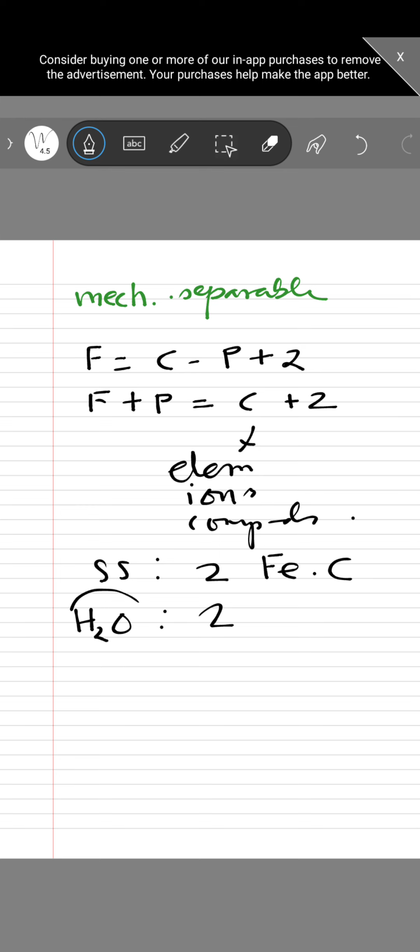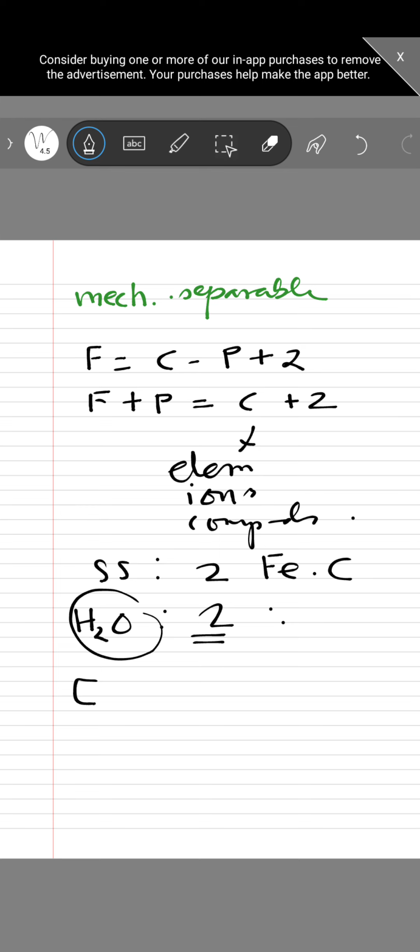Here we will not be considering the elements, we will be considering the total state of the system. So the component is H2O.